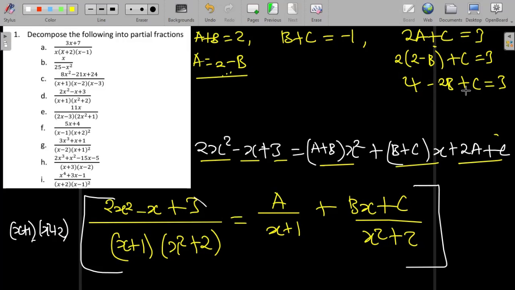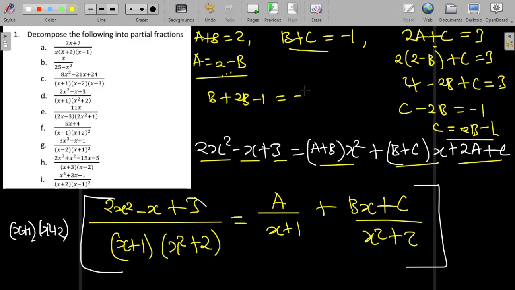So this will mean c minus 2b is equal to, this 4 goes to the other side to be 3 minus 4, which will just be minus 1. So we can say c is equal to 2b minus 1. Okay, since I have the value of c, I can substitute it here now. So it will be b plus, the value of c is 2b minus 1, which is equal to minus 1.